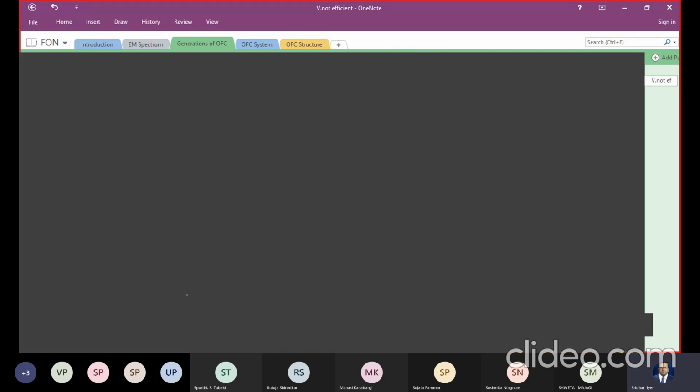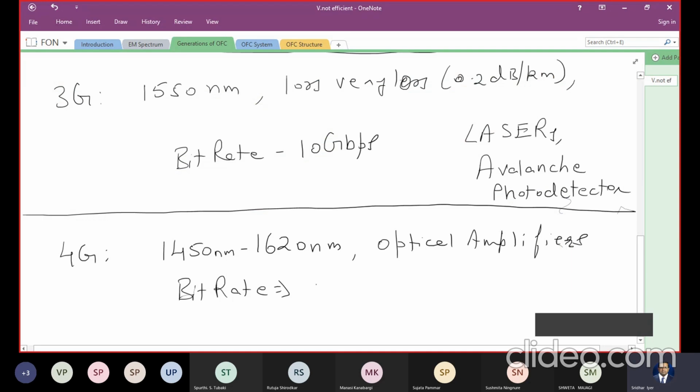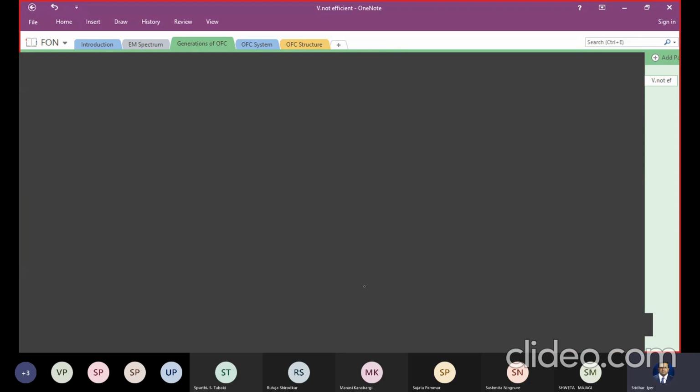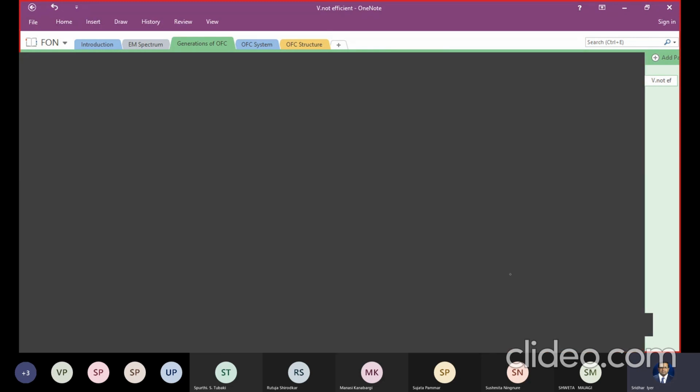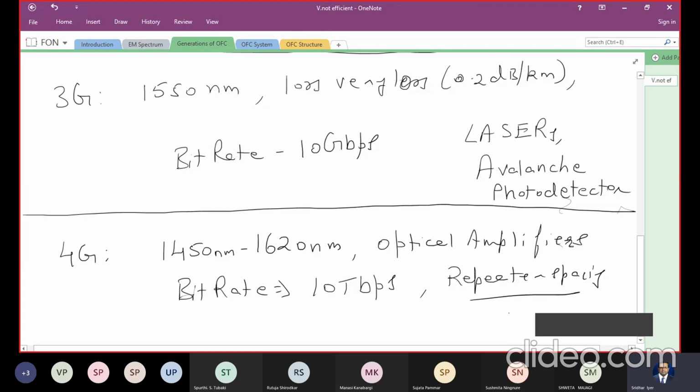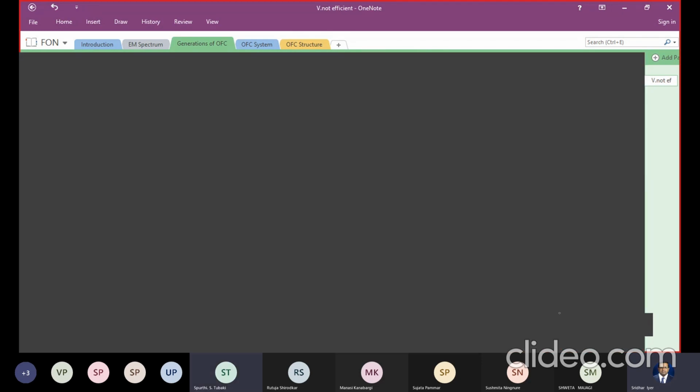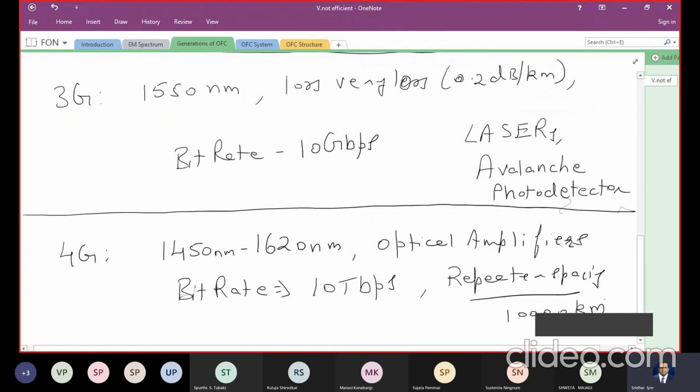Here the bit rate which we could get, and you will be very surprised, 10 Tbps, very high bit rate, and the repeater spacing here was close to 10,000 kilometers. So you needed one amplifier every 10,000 kilometers.